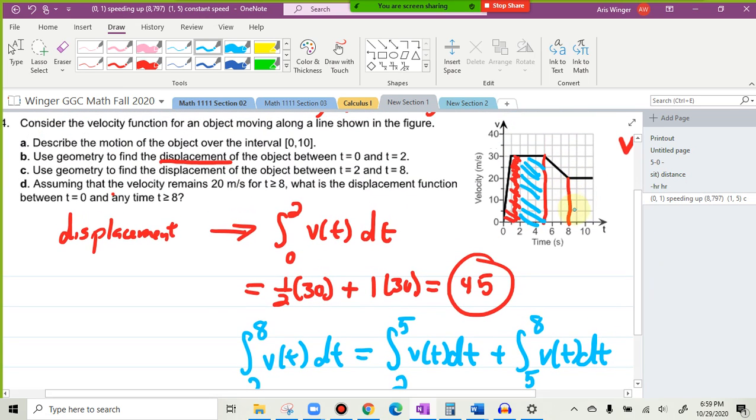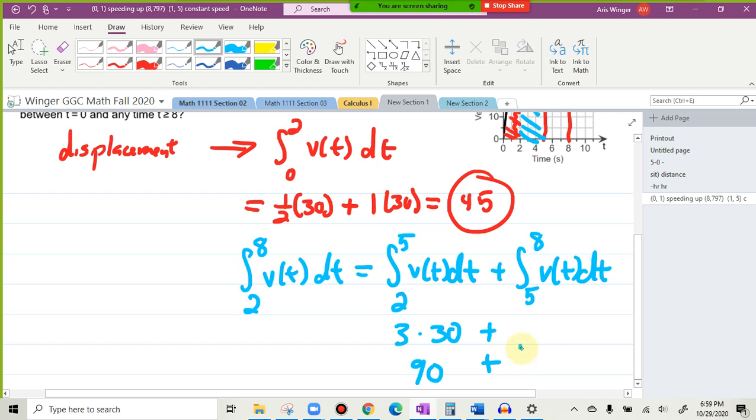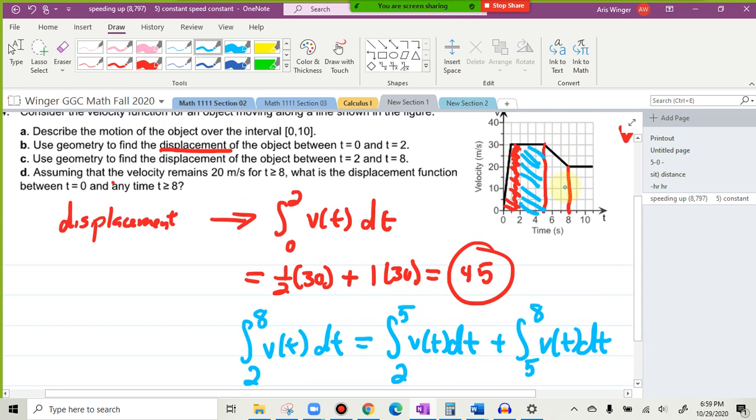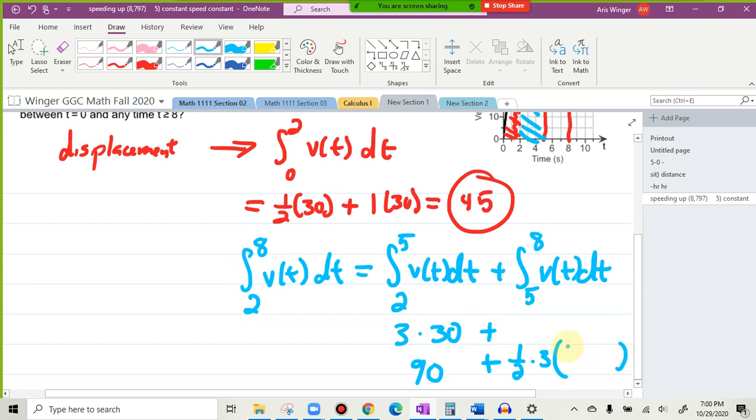And then now we need the area of this trapezoid. The area of a trapezoid is 1/2 the height, although the height's on this side now, so the height's 3, times the sum of these heights. That's 20 here and 30 there. 30 plus 20.